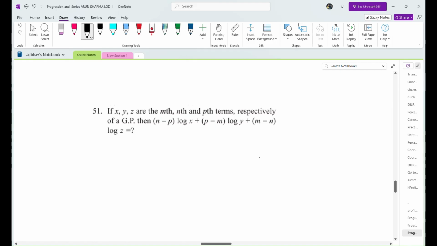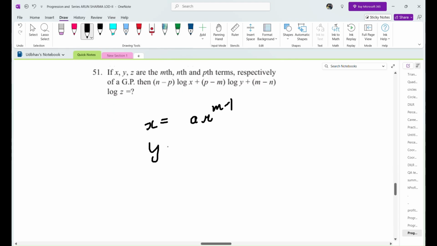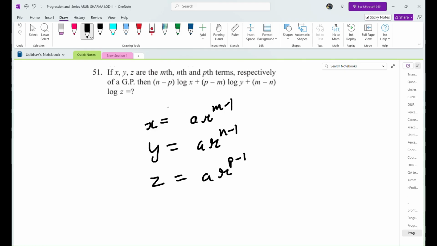If x, y, z are the mth, nth and pth term respectively of a GP, then we have to find the value of this thing. Okay, mth term of a GP, x equals to a r^(m-1), y equals to a r^(n-1), z equals to a r^(p-1).